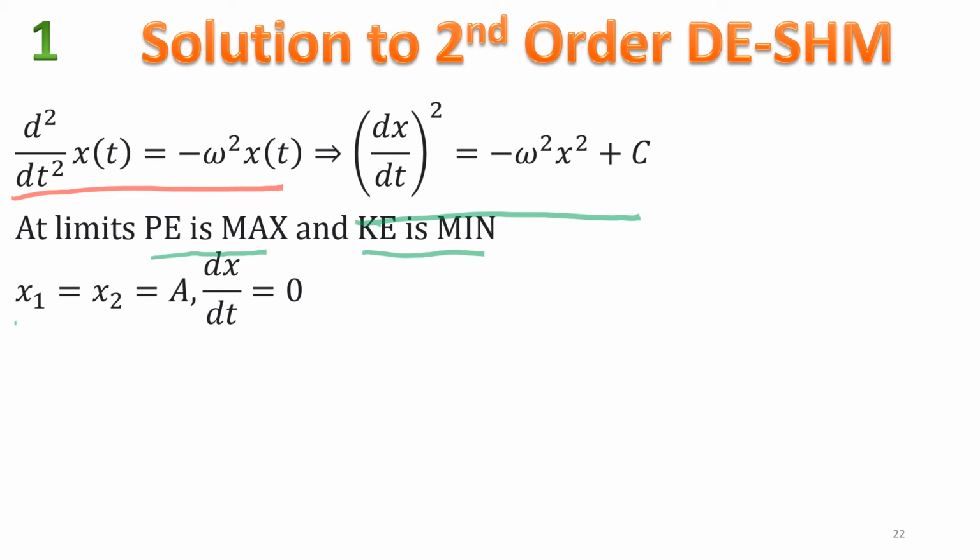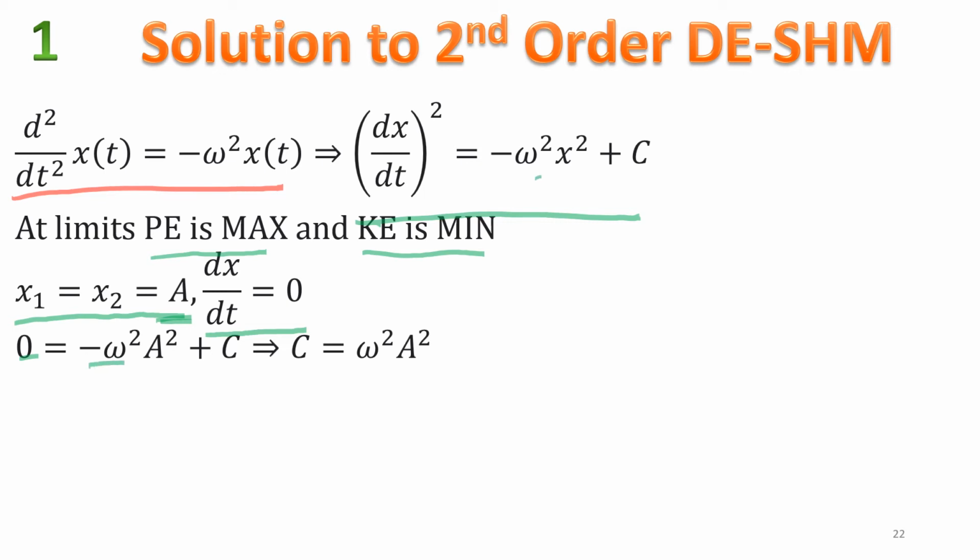When x1 is equal to x2 is equal to the extreme position where the amplitude A is attained, then the velocity is 0. By substituting that, we can substitute dx by dt equal to 0. Here you can identify this, and that is equal to minus omega square, instead of this x square, we are writing a square plus constant of integration.